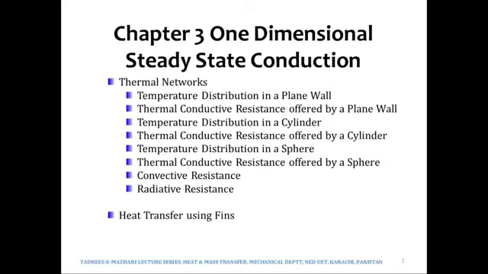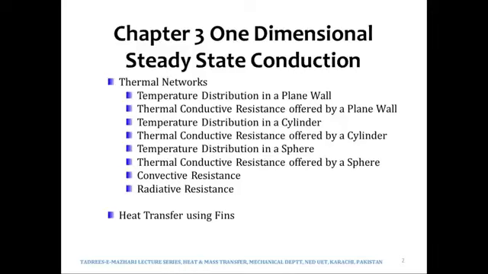There are two major topics. One topic is that of the thermal networks, and under the thermal networks topic we would be discussing the temperature distribution in the case of a plane wall, a cylinder, and a sphere. So we would be finding out the temperature distribution, meaning T as a function of x, because most of the times we would be dealing with one-dimensional heat transfer cases.